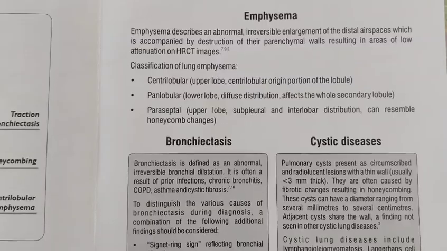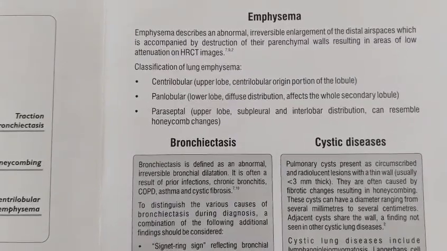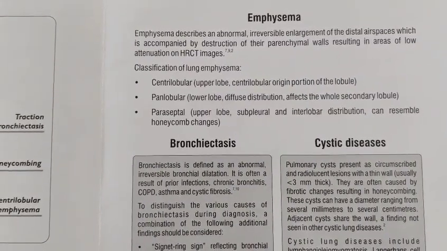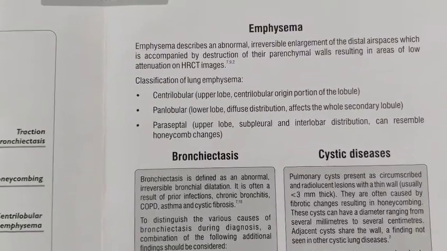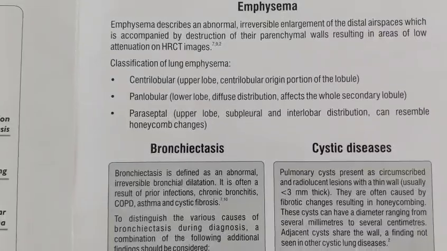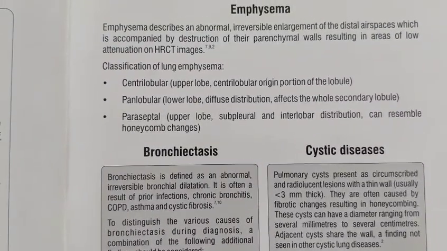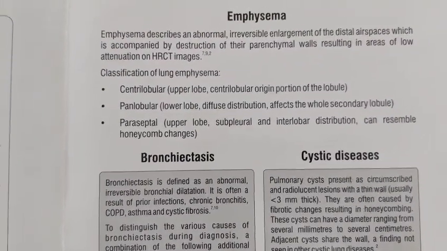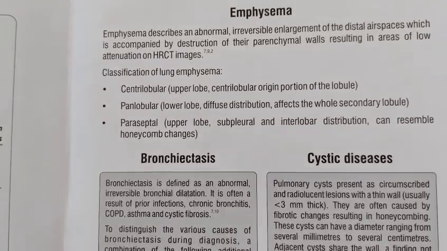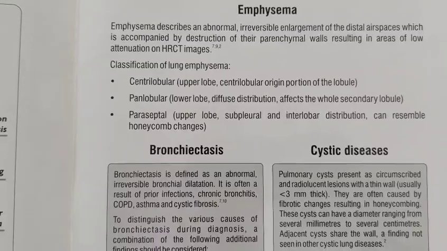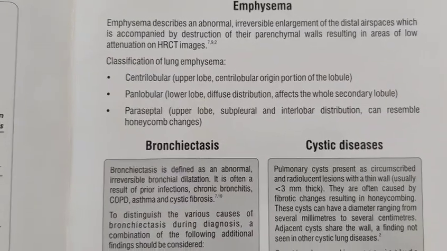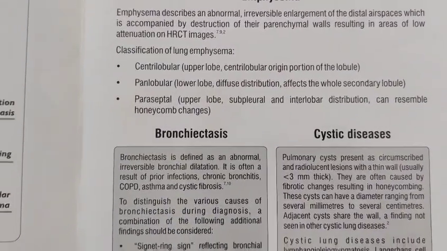Centrilobular is predominantly seen in the upper lobe, with origin in the central portion of the lobule. Panlobular is predominantly seen in the lower lobe, with diffuse distribution, and it affects the whole secondary pulmonary lobule. Paraseptal is predominantly seen in the upper lobe, subpleural in distribution, subpleural and interlobar, and can resemble honeycomb changes.